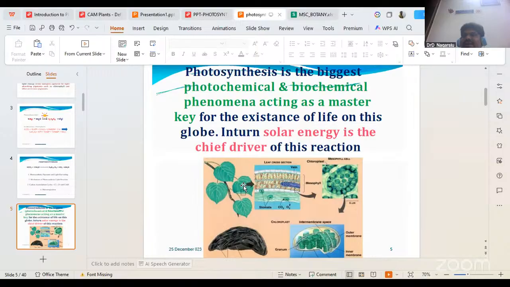In the thylakoid, the light reaction; the stroma, the dark reaction. Overall it is the chloroplast. Not only in the leaf, photosynthesis will occur in all the green parts of the plant.